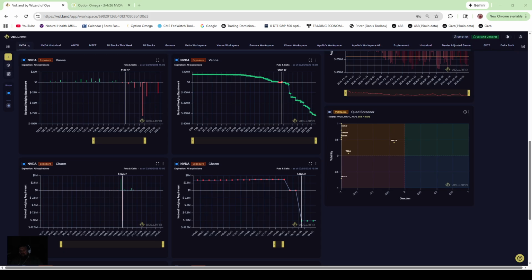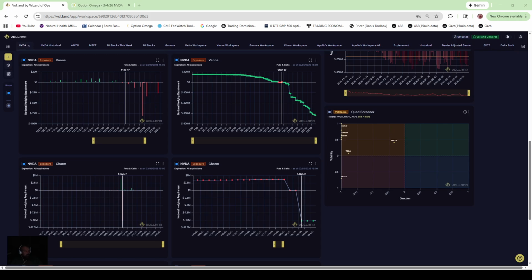Now, Vanna is, of course, how volatility is going to affect Delta. And when you have negative Vanna, especially something this strong, it's going to be what we call a repellent. It means as price heads up into that strong negative Vanna strike, and especially as implied volatility drops, this is going to repel price, which is going to keep it lower.